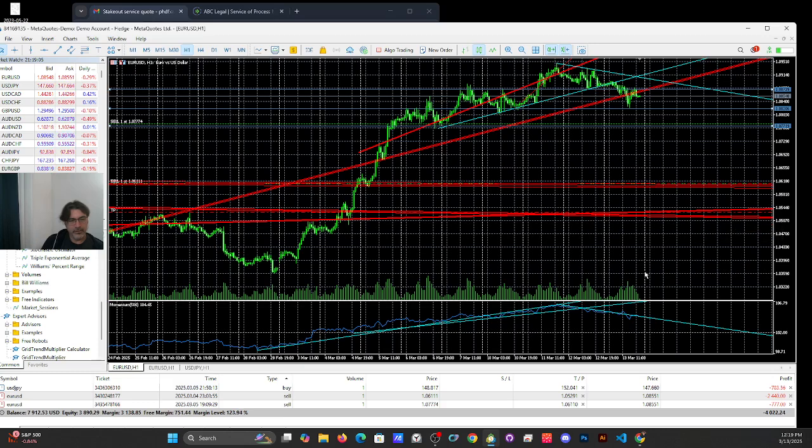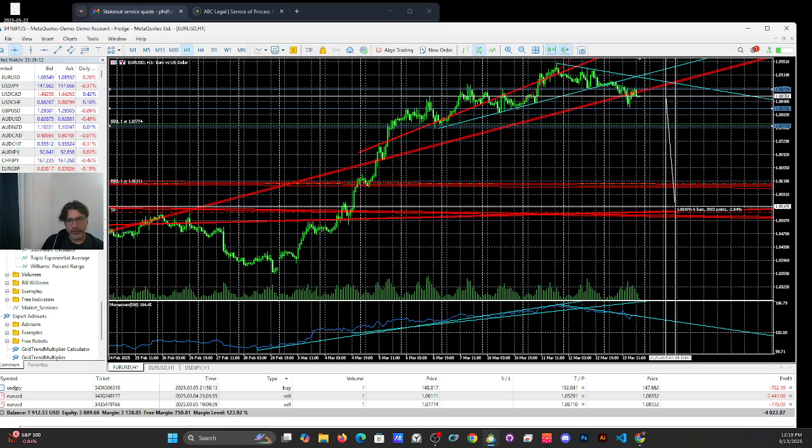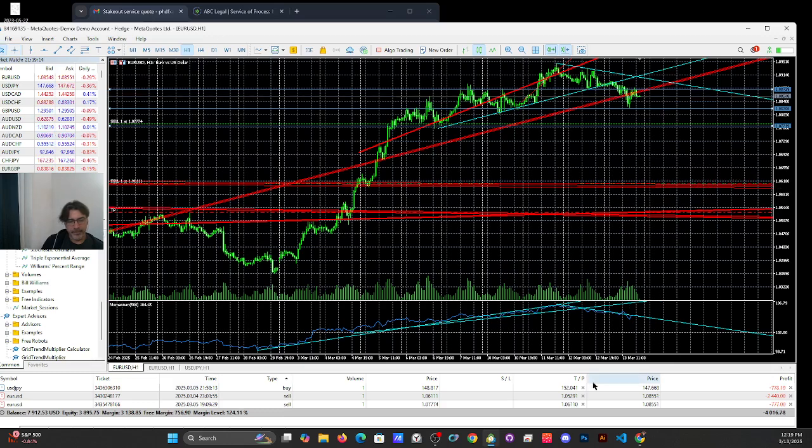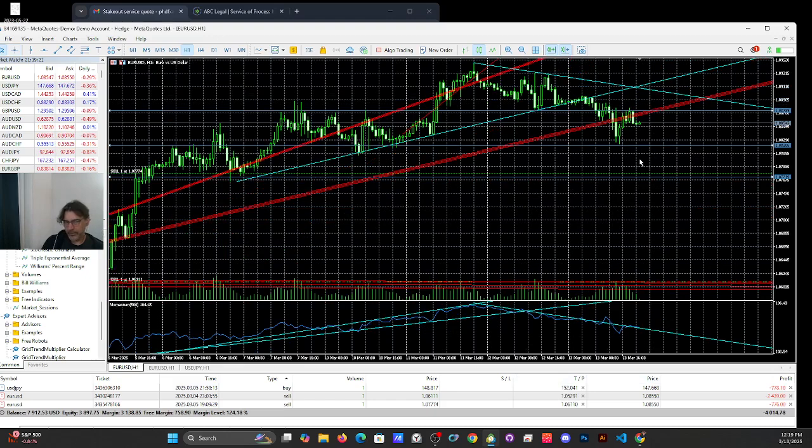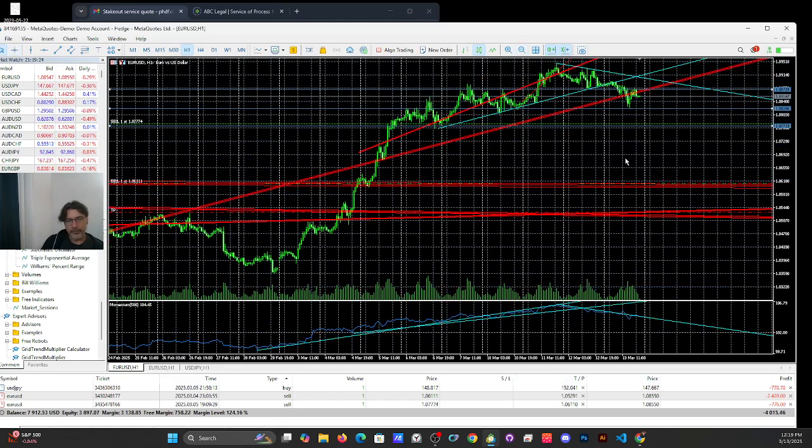Okay, so that's essentially what's going on right now. I'm just waiting for this to fall, and we're going to be collecting about 300 pips from that. Also, there are some polarities I wanted to point out. It is currently under this polarity and is using it as resistance, so that's good. As long as that holds, then the next polarity under it is this one. You can see this polarity here, the max and the min.